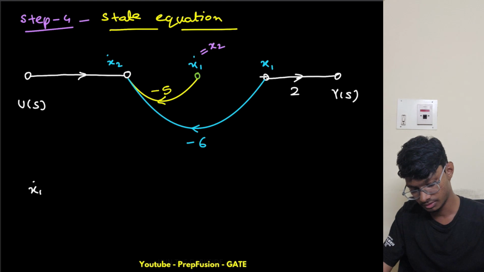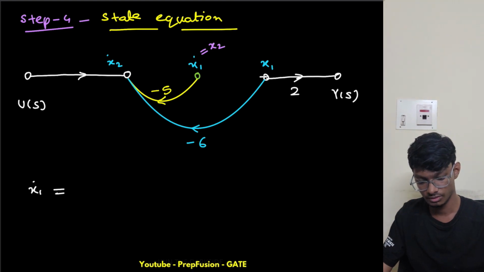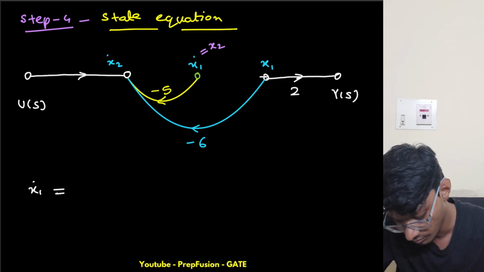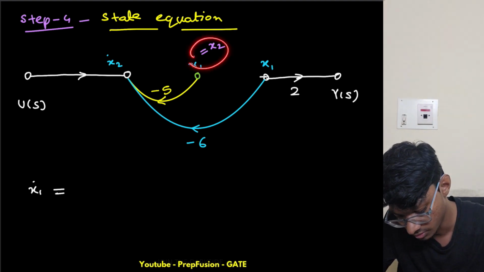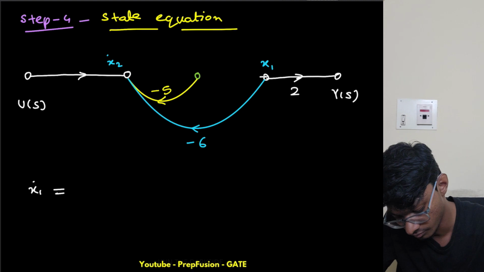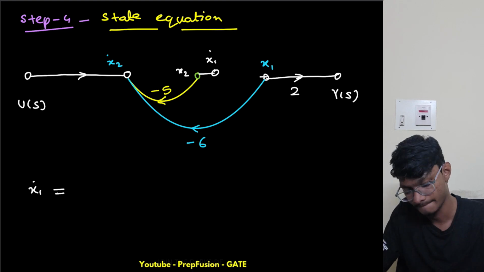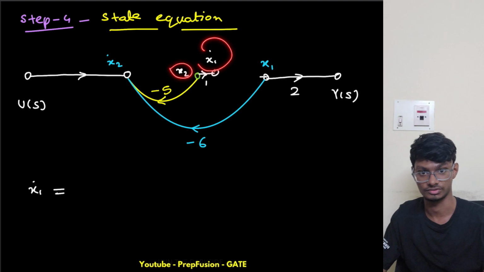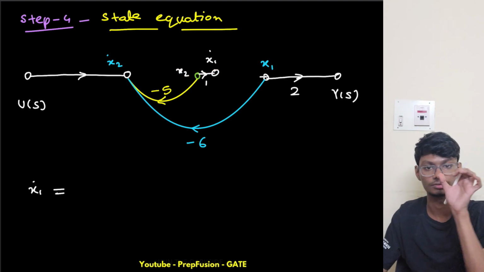So what will x1 dot be equal to? One mistake is that when this is equal to this, we have to make another node just to be on the safer side. So this will be my x1 dot and this will be my x2, and the gain is 1, just to show that x1 dot is equal to x2. Otherwise, if I just delete the node, then that node is also gone.